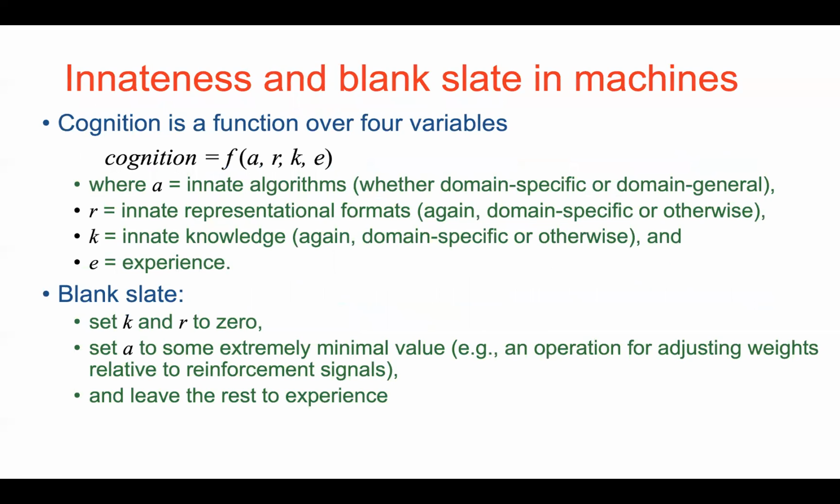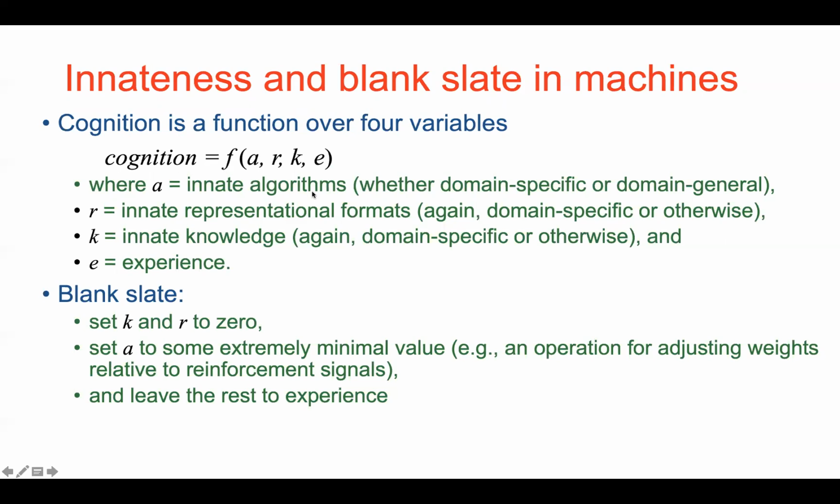So here is an interesting mathematical looking formulation. We don't derive anything from this. Cognition is a function over 4 variables. So we're arguing cognition, say recognition or some other task we perform, perceive, recognize language, words, right? It is a function of A, R, K, E. A is innate algorithms.